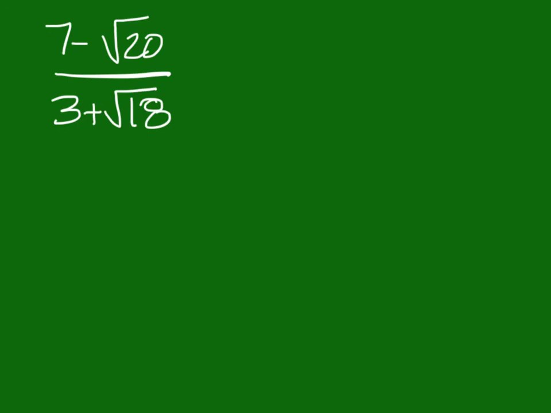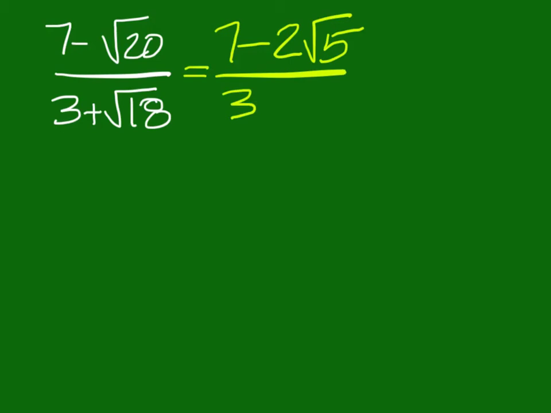On this one, you have a square root of 20 on top and a square root of 18 on the bottom. You can simplify that to 4 and 5, which would give you 2 square root of 5. And then on the bottom, the 18 breaks up as 9 and 2, which would be 3 square root of 2.